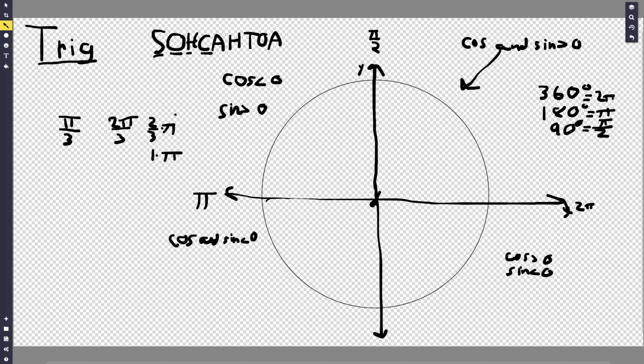But is 2/3 pi greater than 1/2 pi? Well, 1/2 pi is 50%, and 2/3 pi is about 66%. So we can guess that that angle is about here.